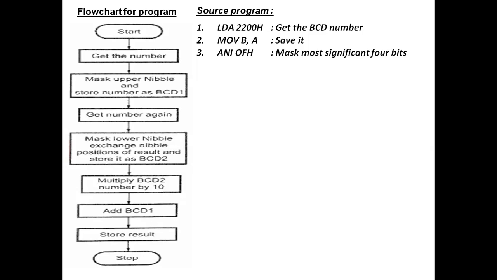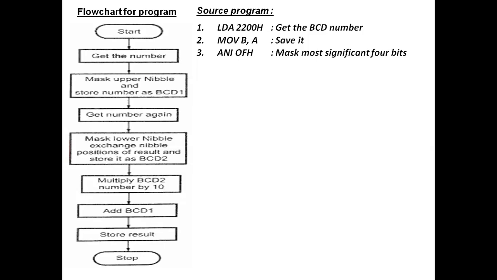We don't know what the value of the D7 bit, D6 bit, D5 bit, D4 bit is. This is not known. So that is why we are doing the AND operation, due to the property of the AND operation: whether the value is 1 or 0, when we AND it with 0, the result will be 0.